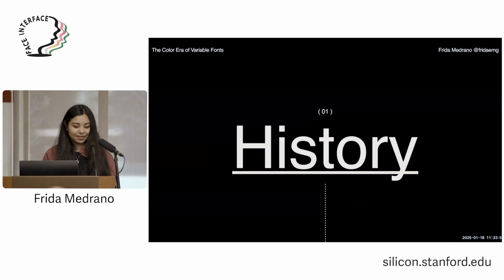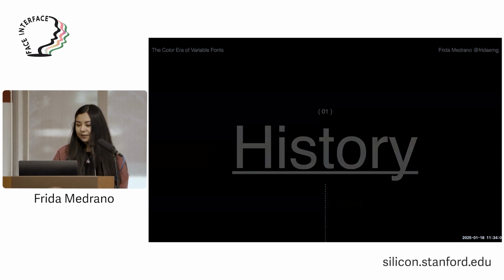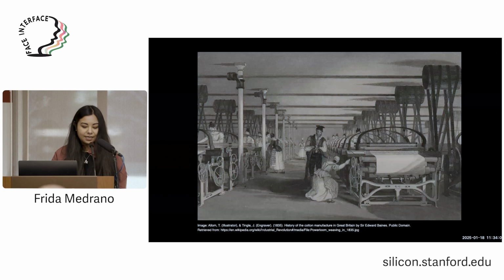I like to start with a little bit of history because the use of color in fonts is not a new subject. The Industrial Revolution transformed graphic art with the shift from manual to machine production.